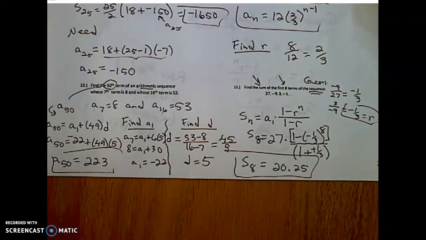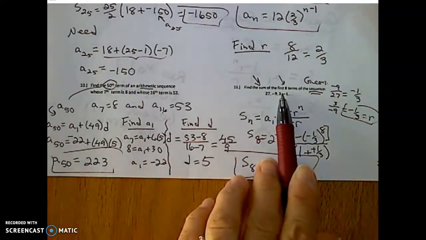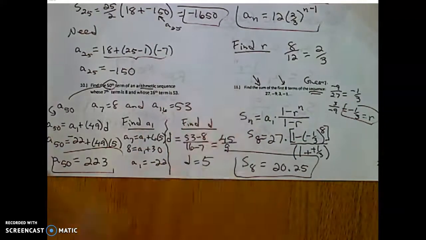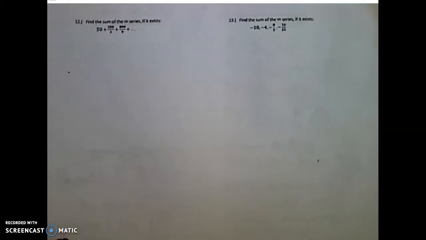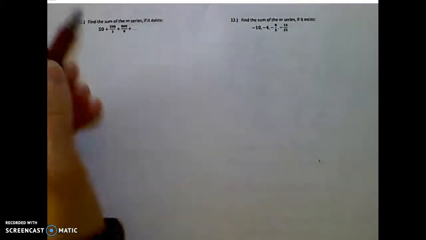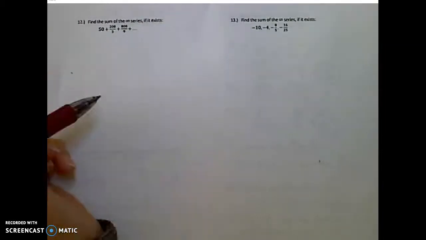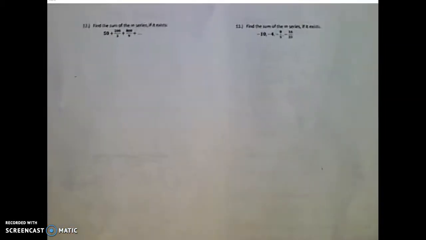Alrighty. This is the sum of the first 8 terms, so that's a finite sum. And then we finished off this module finding infinite sums, if possible. Let's say that this is a geometric series, and we just keep adding forever and ever and ever, and try to find that sum. Remember, we couldn't always find the sum.